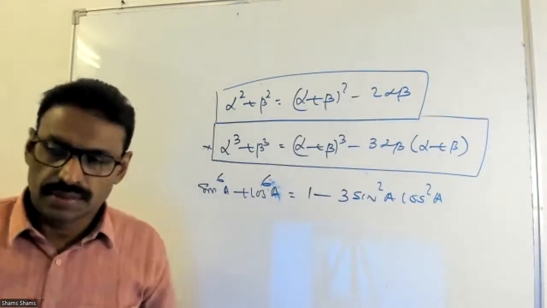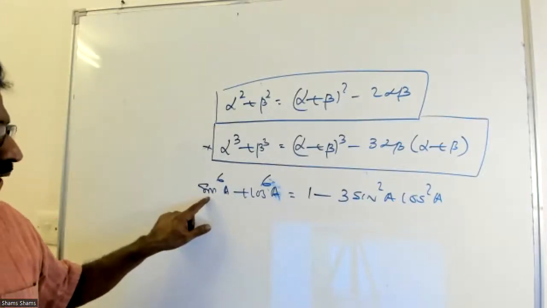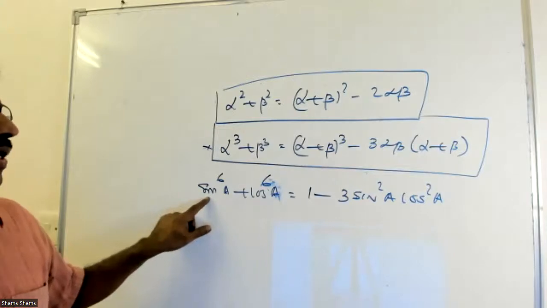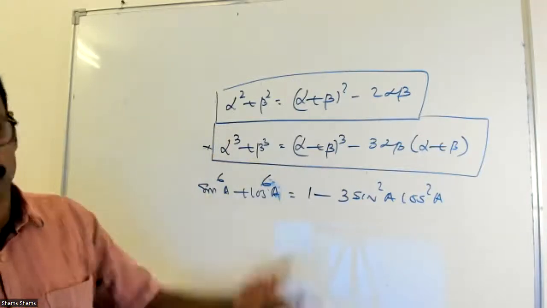I'll give a hint. Instead of sine raised to 6A, you write sine square A whole cube.